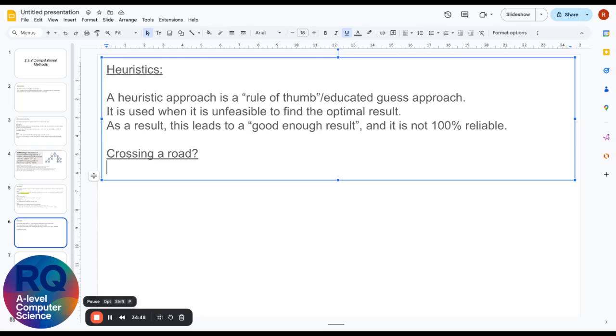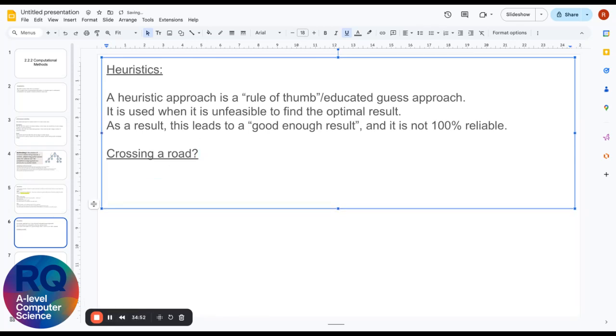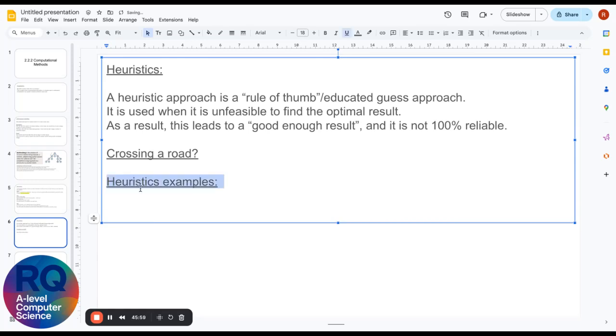Now, that's for crossing the road. OCR might ask you for different examples of heuristics, so if they do, you need to know these examples. They have come up in marking before. Heuristics start off by looking at behaviors rather than the structure, so just remember that.